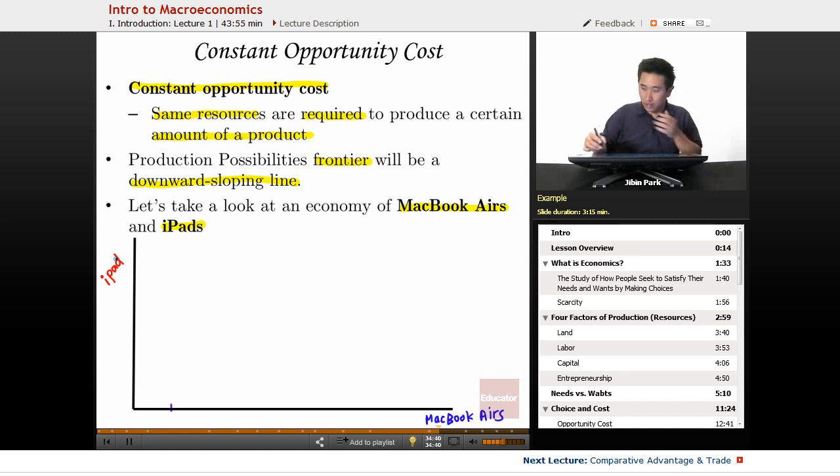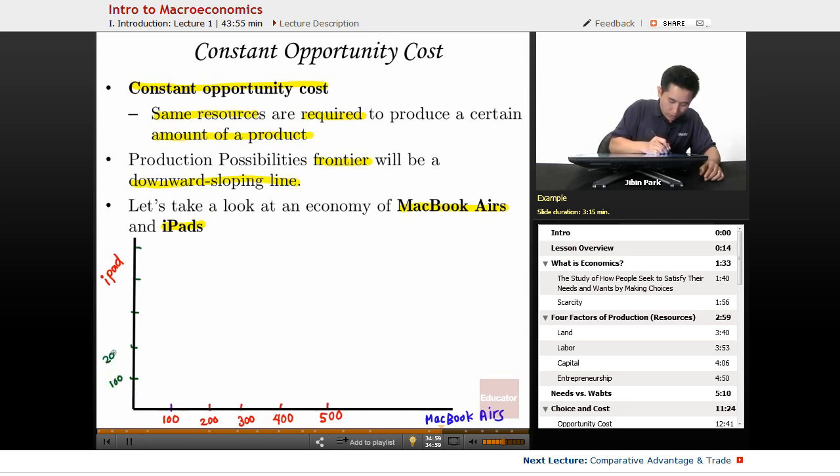Okay. So again, let's use some arbitrary numbers here. Let's say 100, 200, 300, 400, and 500. And you have iPad. Let's use the same 100, 200, 300, 400, and 500.